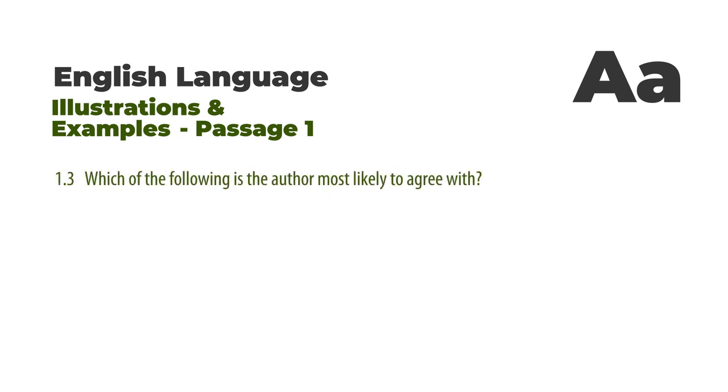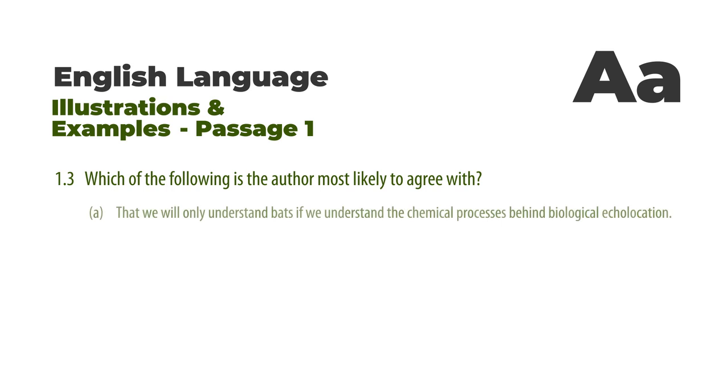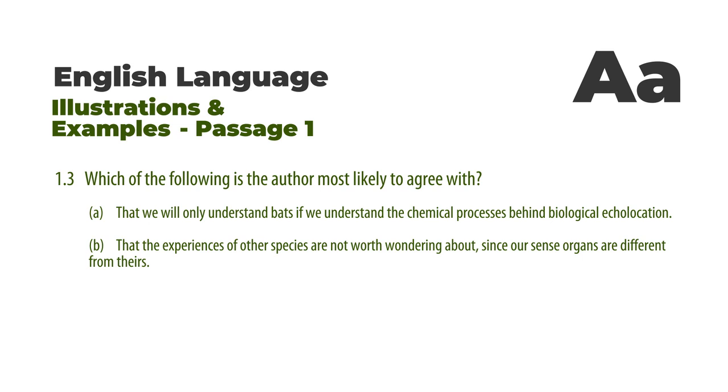Which of the following is the author most likely to agree with? Your options are A. That we will only understand bats if we understand the chemical processes behind biological echolocation. B. That the experiences of other species are not worth wondering about since our sense organs are different from theirs.